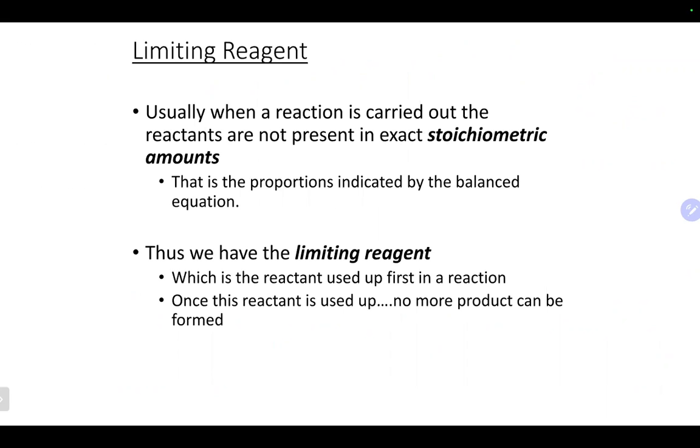Now, why is that important when you're trying to figure out how much product you would make? For example, if we took A plus B to make AB, in order to make our product, which is A and B together, we need both of those. So let's say A here was our limiting reagent. That means at some point we're going to run out of A. And if we hit that point where we run out of A, is there any chance of making any product?